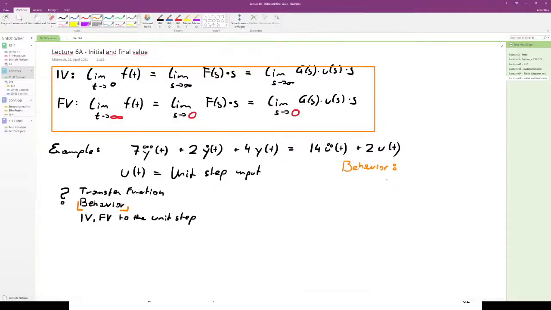As I explained last time, if you want to know the order of the lag, you need to look at the highest derivative of y, right? And whether it's proportional, differentiating, or integrating is revealed by the right-hand side of the equation.